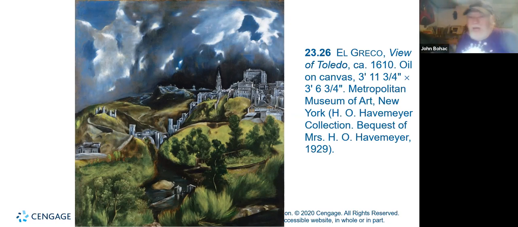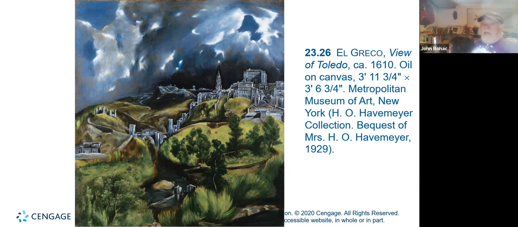This is a guy named El Greco, and he painted in Spain, and this is circa 1610. So you see, we've kind of covered some ground here, at least 2 centuries so far. And they called him El Greco because he was from Greece.